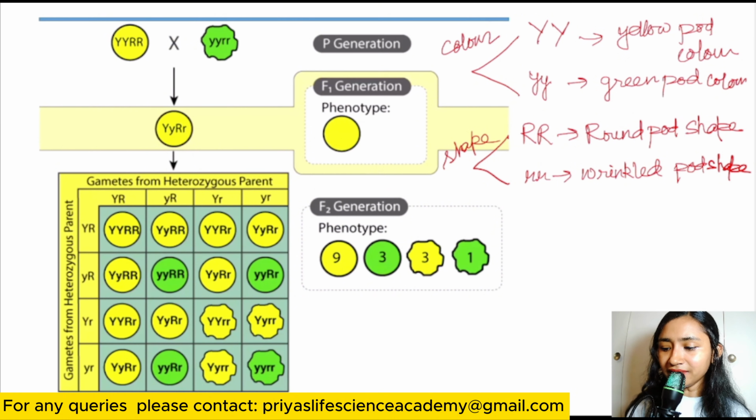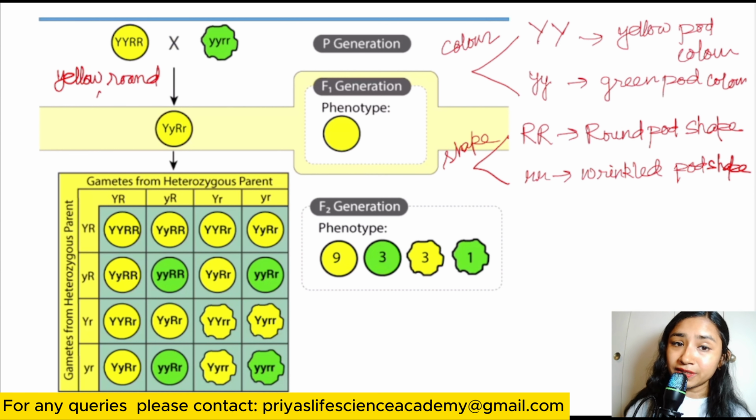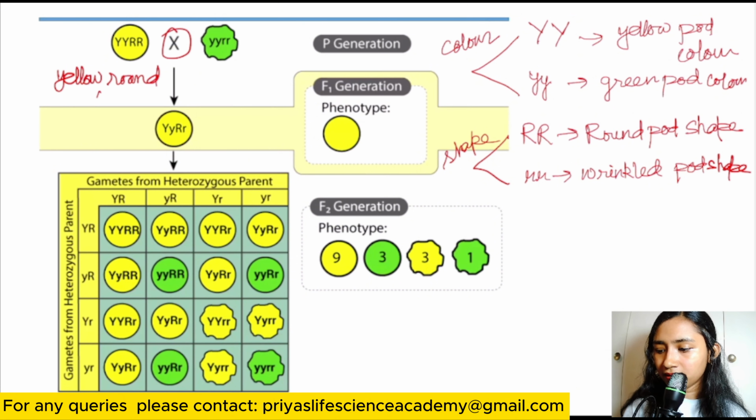Now when yellow round, because capital Y is for yellow and capital R is for round, is crossed with the green and wrinkled pod, what did we get?